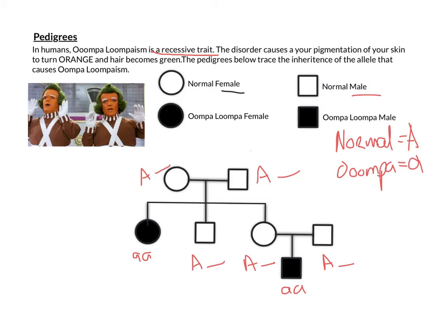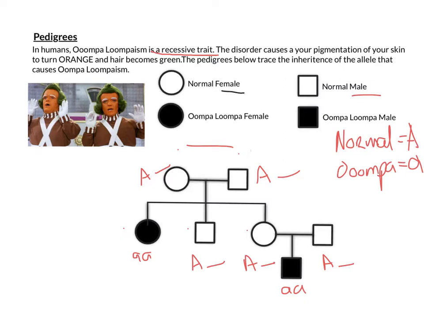The way these are organized, you start at the very top of the family tree, and you see a circle and a square. That's mom, connected to dad. Mom and dad have 1, 2, 3 children: 2 girls, because you have 2 circles, and 1 boy, which is a square. One of the girls is an Oompa Loompa.